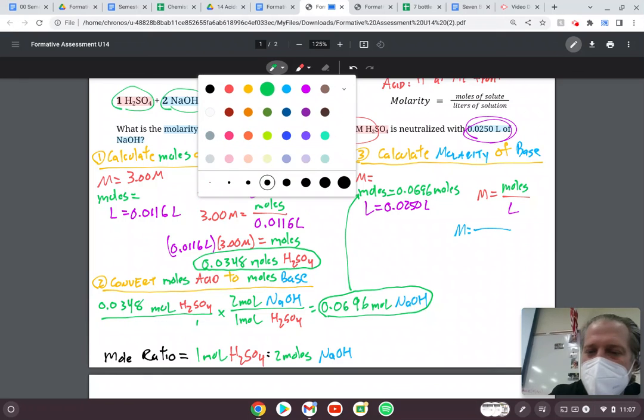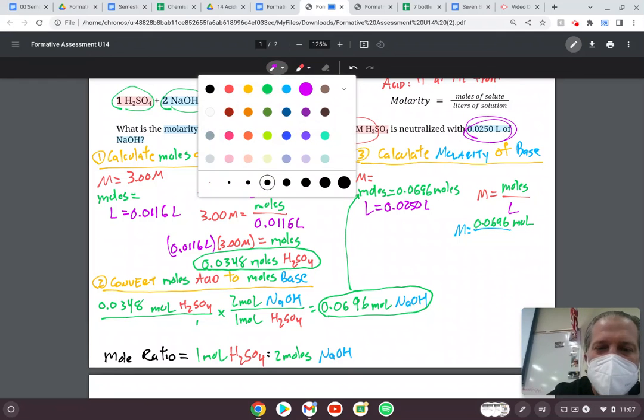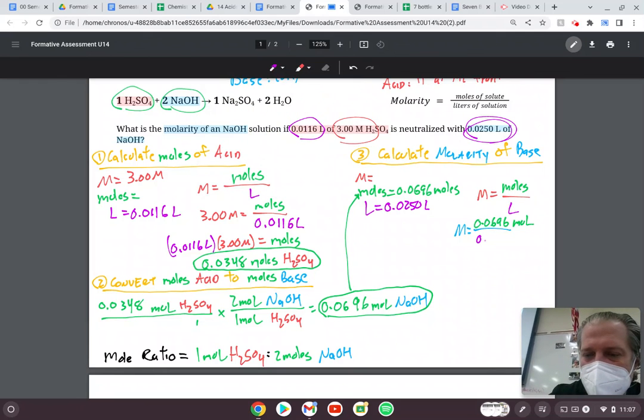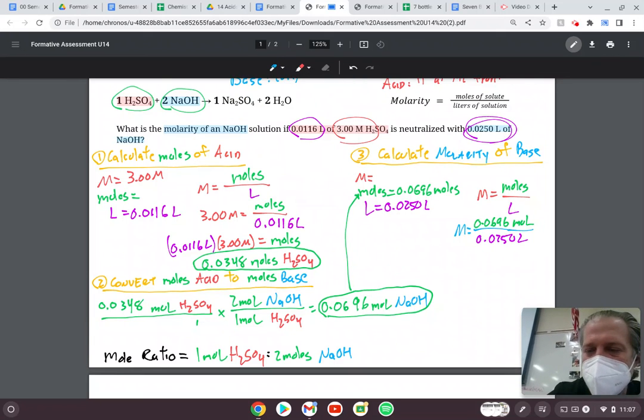So we're going to take that number of moles, 0.0696 moles, and divide it by the volume, which is 0.0250 liters.